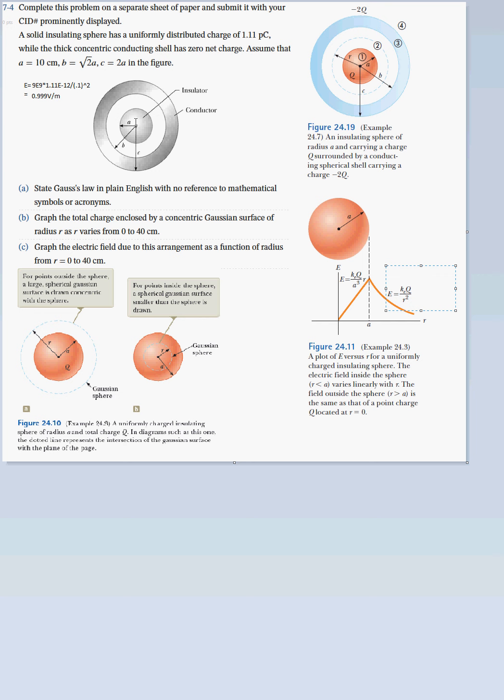Well, that's going to appear not as a straight line like we have it in figure 24-11. It's going to be a cubic. It's going to start at 0 charge, and then since volume goes as r cubed, that is the amount of charge we have inside of our Gaussian surfaces.